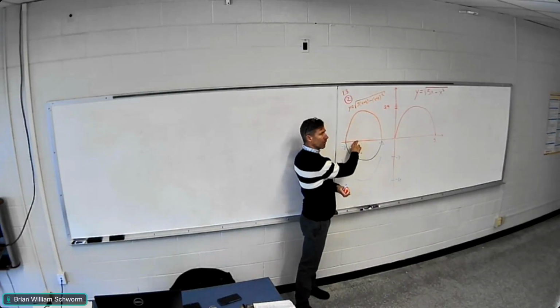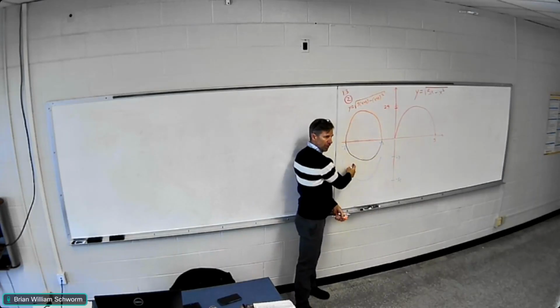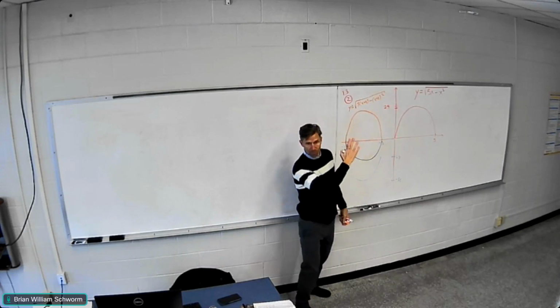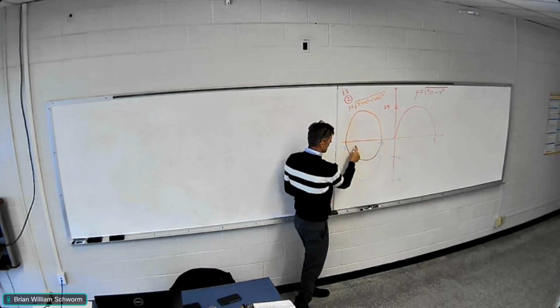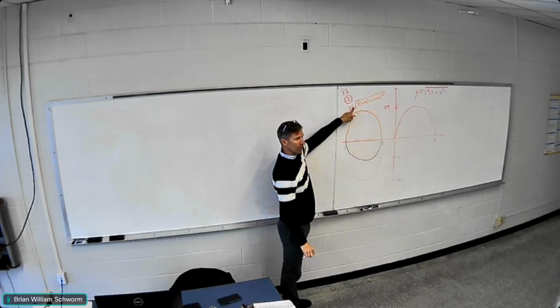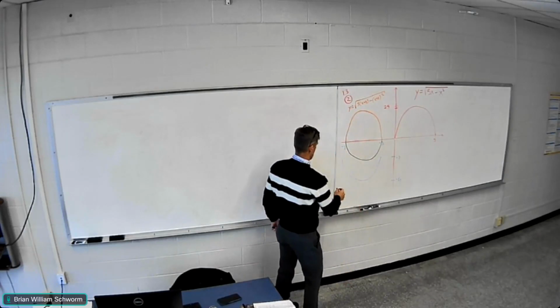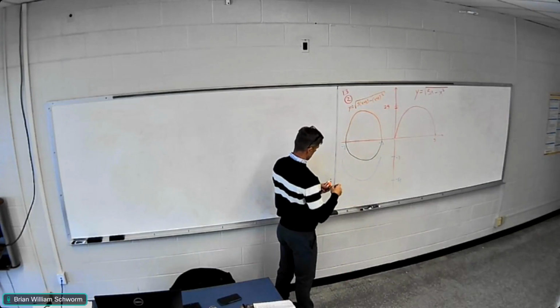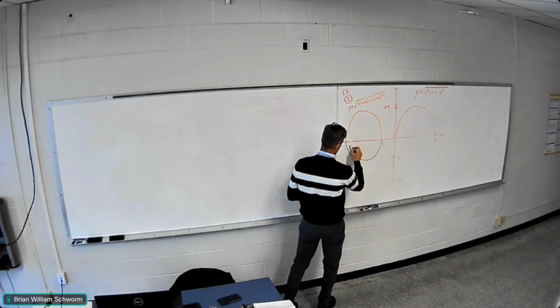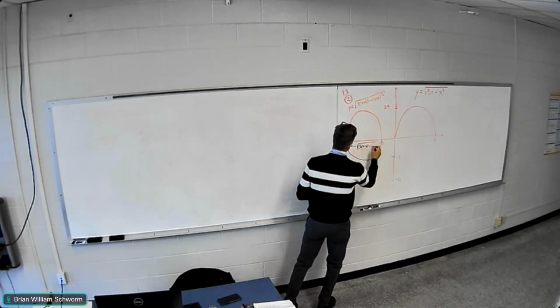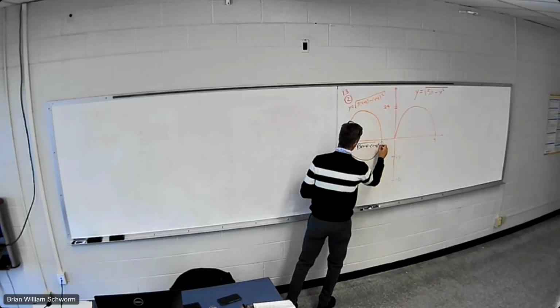That's a reflection about the x-axis. Reflections come from negative signs. Reflections about the x-axis are taking the y values and changing them from positive to negative. So the y value is now going to be negative what it was before. So for the equation here, simply put a negative sign. So for this one, y equals negative the square root of x plus 8 minus x plus 8 squared.